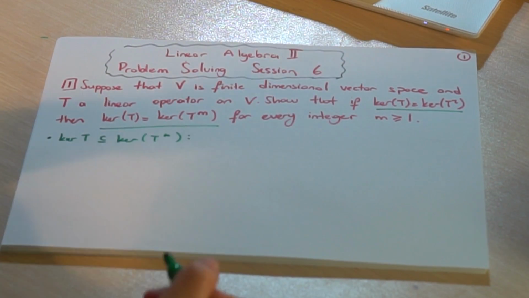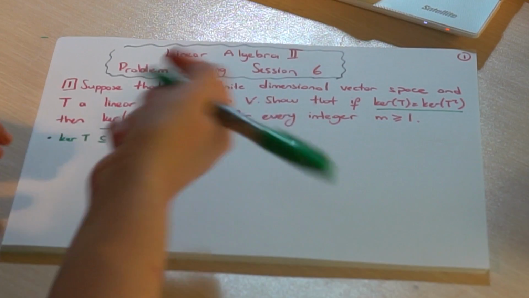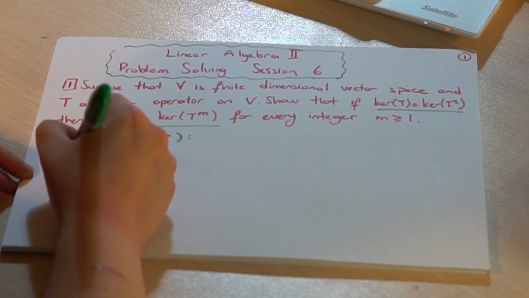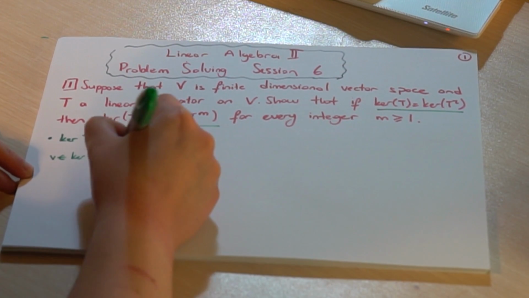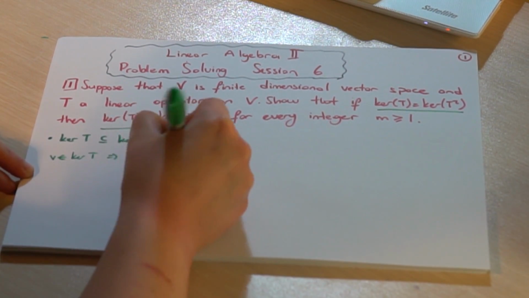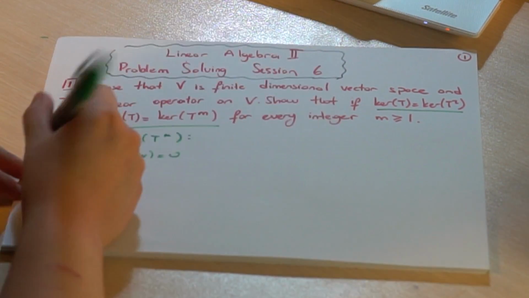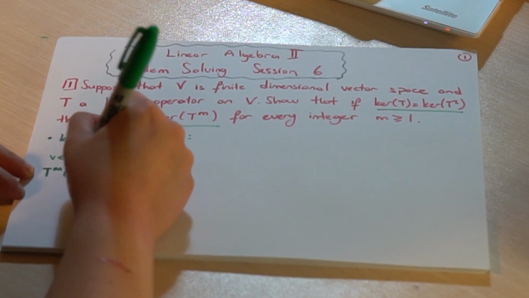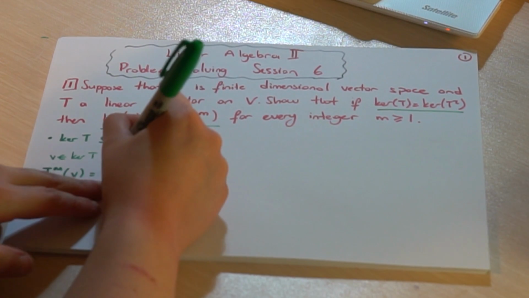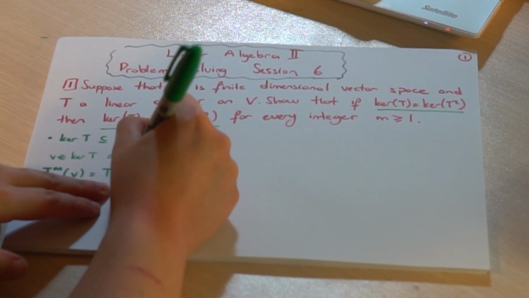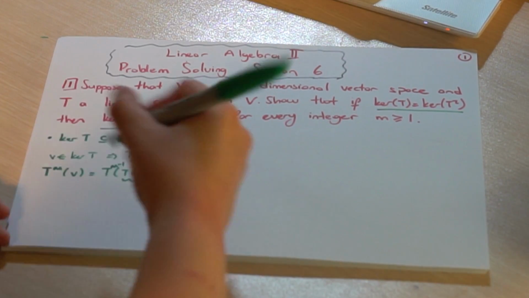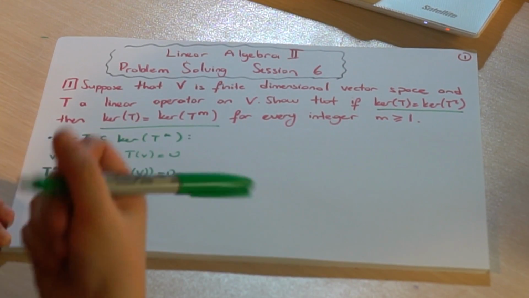This was the easier case. To show this, if we take V in kernel T, this implies that T of V is equal to 0, right? Let's look at T to the m V, which is equal to T to the m minus 1 T V, and we know that this one is equal to 0, so this is equal to 0.